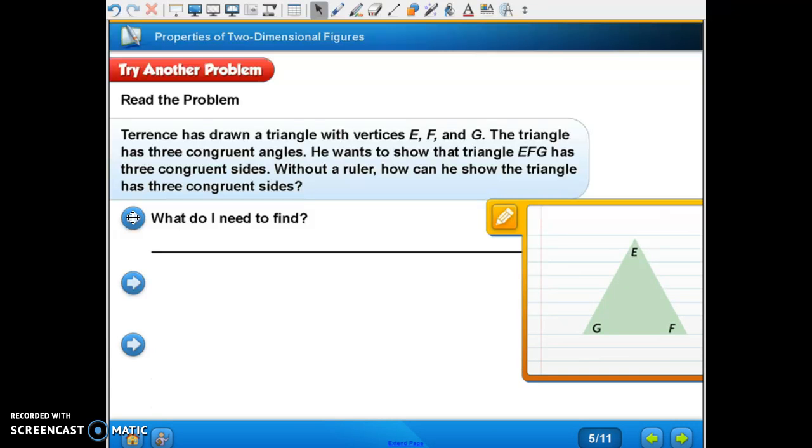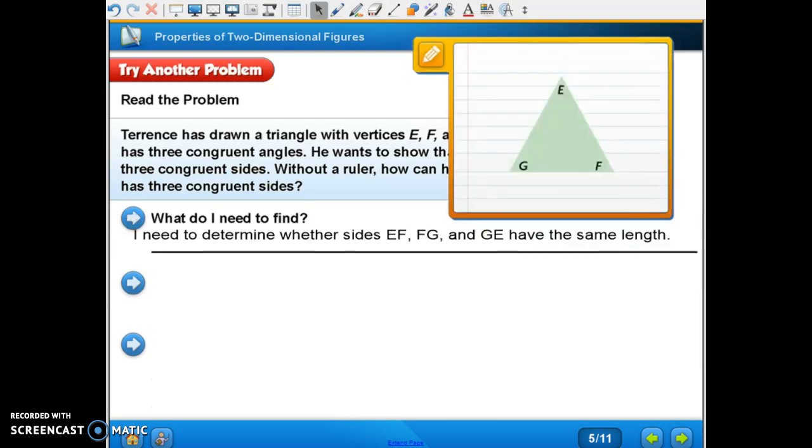I need to determine whether sides EF, FG, and GE have the same length. If you're watching at home, you may need to stop the video so that you get that.